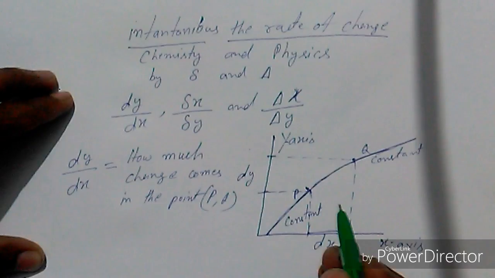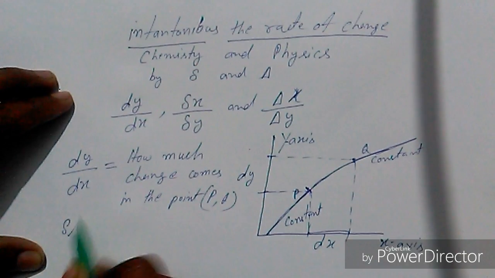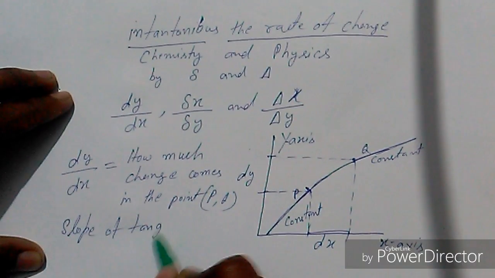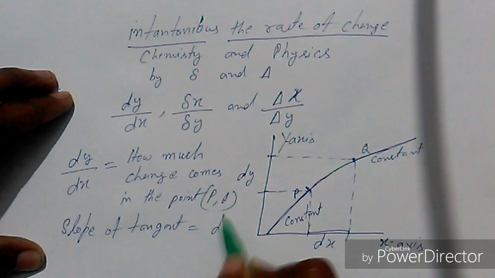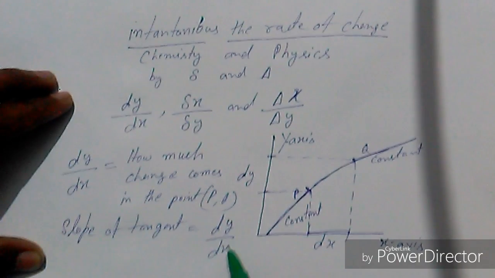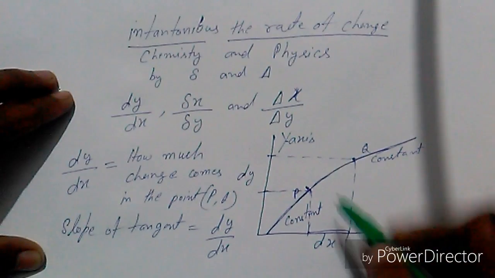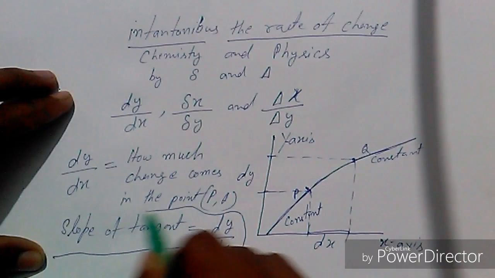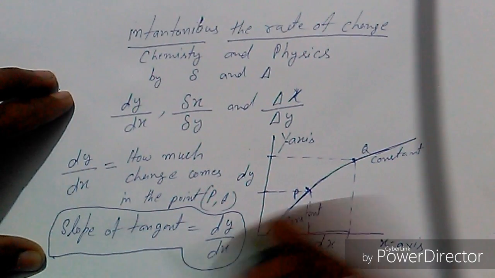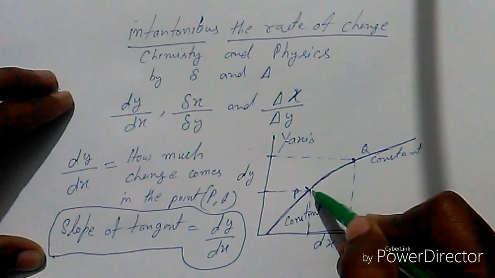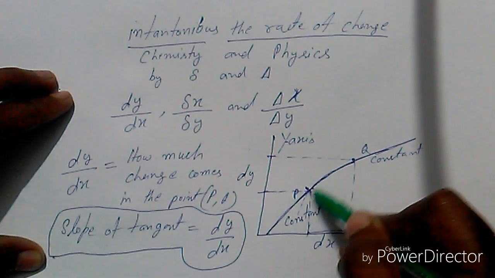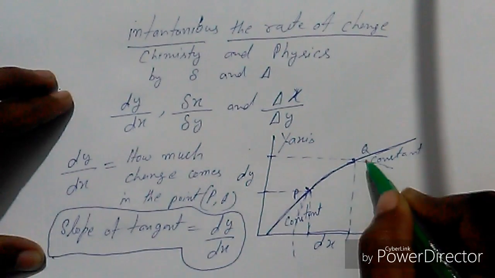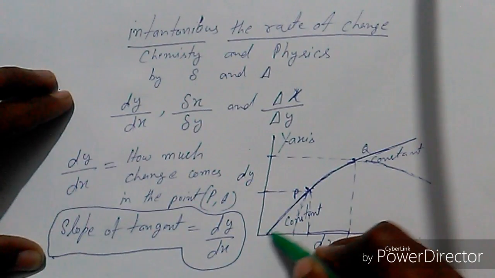And you have heard of the slope of the tangent. Slope of tangent is equal to dy by dx. Now I will clear the doubt of how the slope of the tangent is equal to dy by dx. I make a curve and draw it. Okay friends, and this is a straight line.